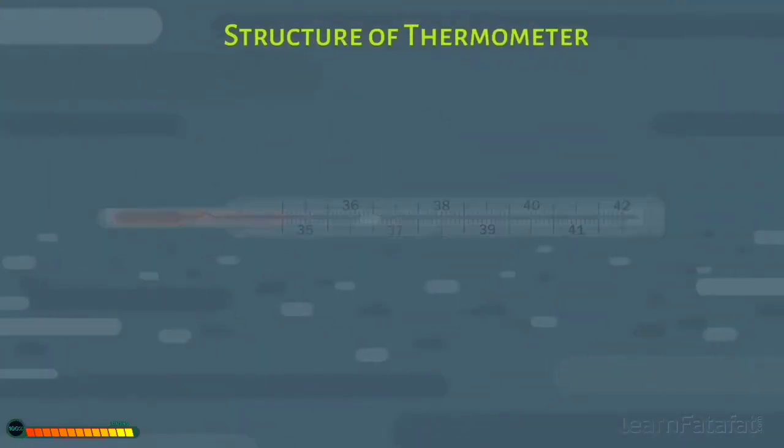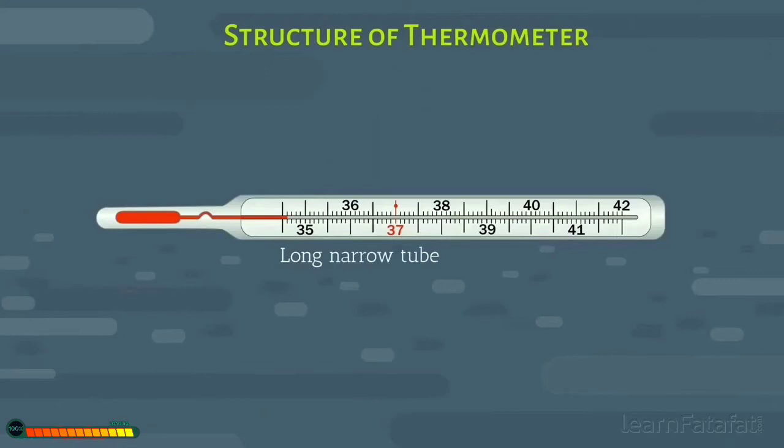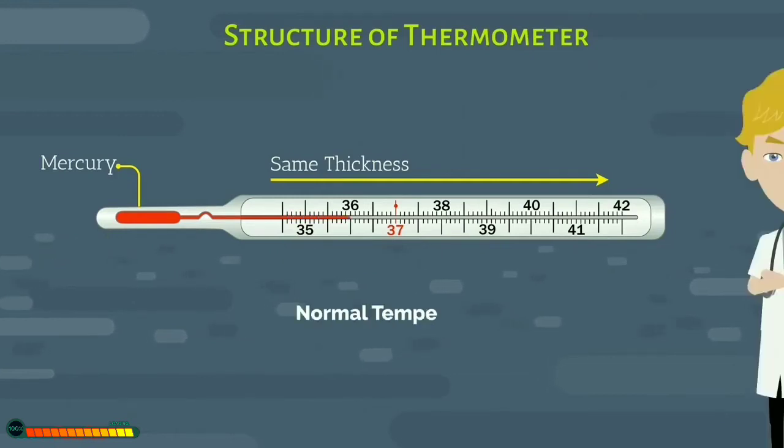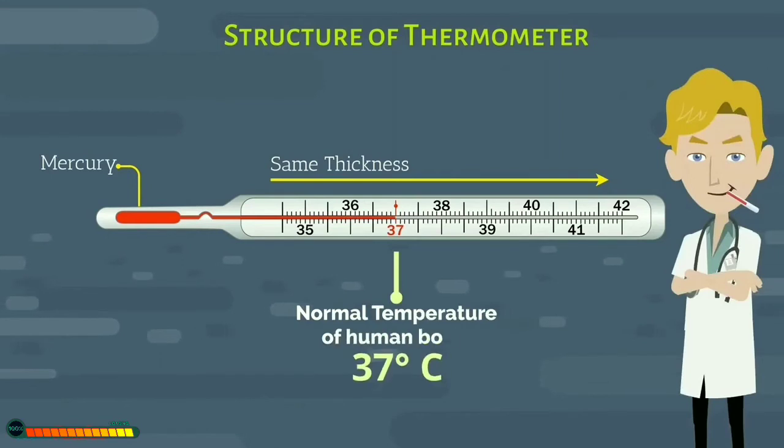Let us understand the structure of a clinical thermometer. The thermometer has a long narrow tube with the same thickness. It has a bulb which contains mercury. For reading the temperature, there is a scale in the middle of the thermometer, and the normal body temperature of the human body is 37 degrees Celsius.